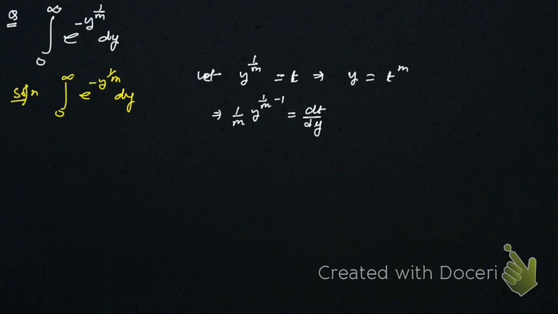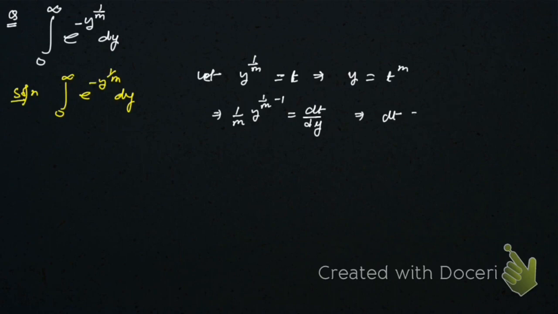So in that case, dt will be equal to 1 by m y to the power 1 by m minus 1 dy. So this is the value of dt. Now here you see, as we have dy, let me write this result in terms of dy.